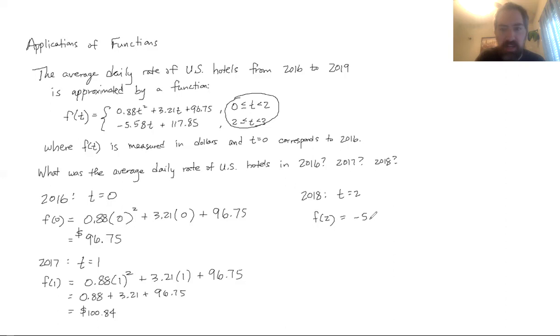So that's negative 5.58 times 2 plus 117.85. Negative 11.16 plus 117.85, which is $106.69. That is the average daily rate of U.S. hotels in 2018.